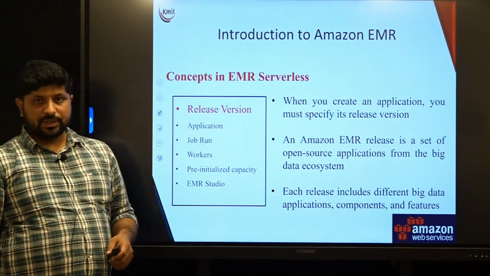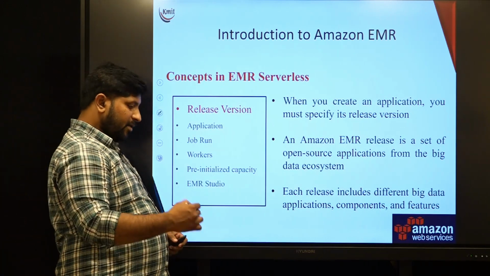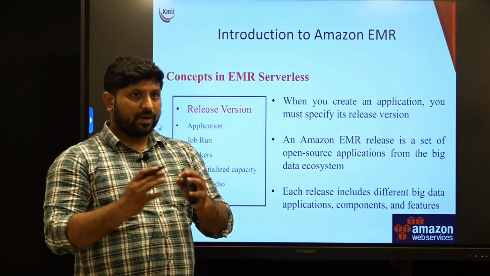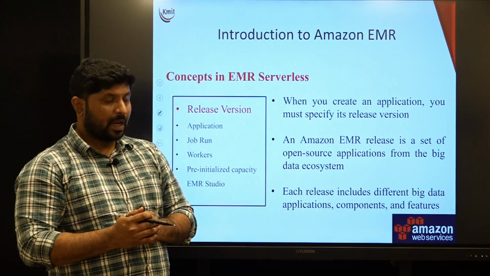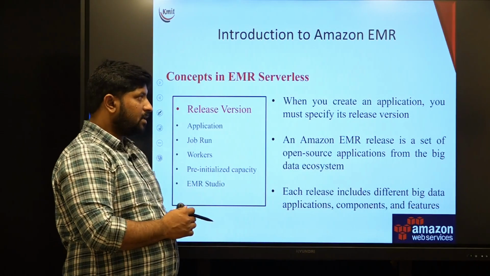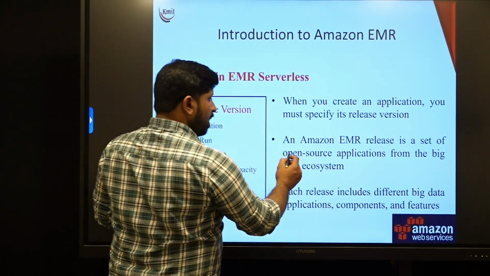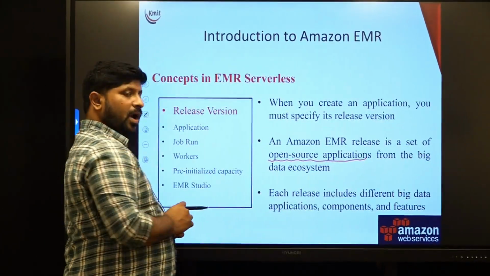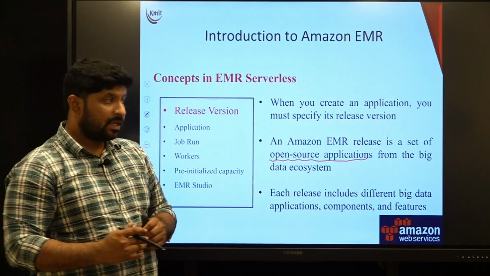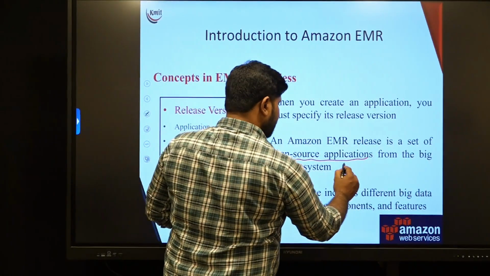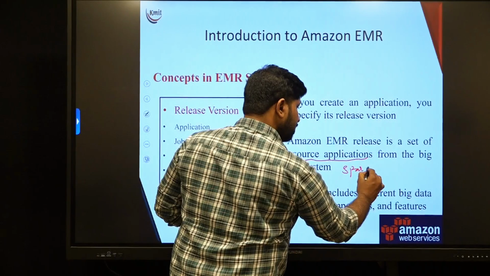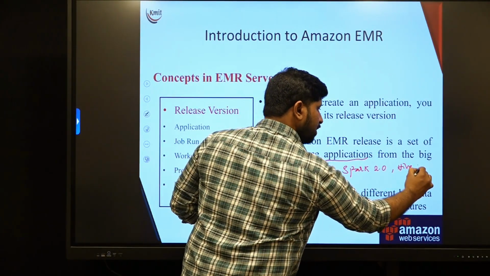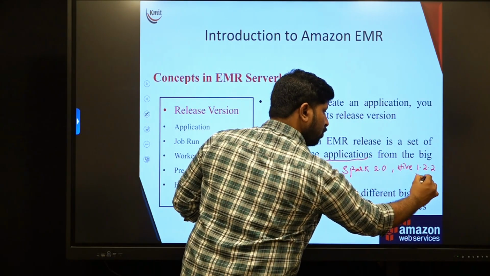So, coming to release version, in an open source framework there is a release version for all the open source applications. Coming to Amazon EMR serverless, this release version will have various open source applications required for various big data ecosystems, such as Spark version 2.0 or else Hive 1.2.2 or 1.2.7.